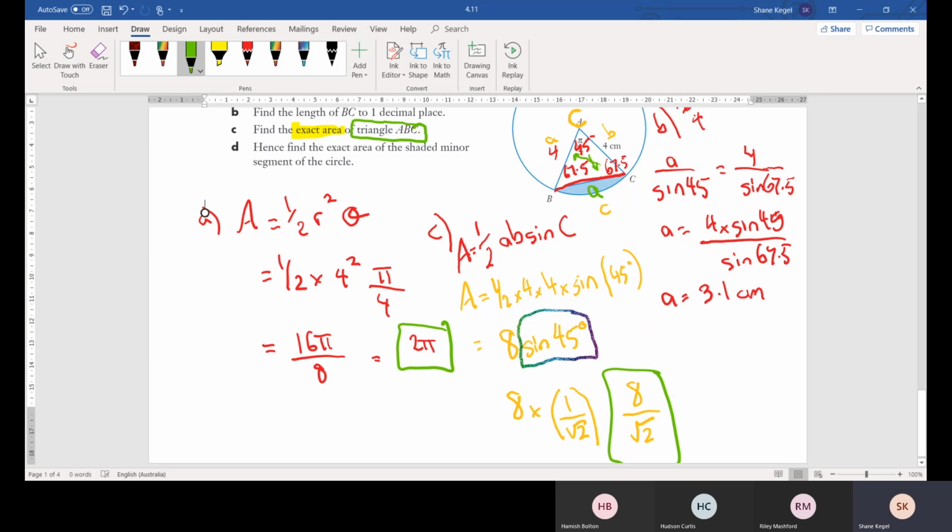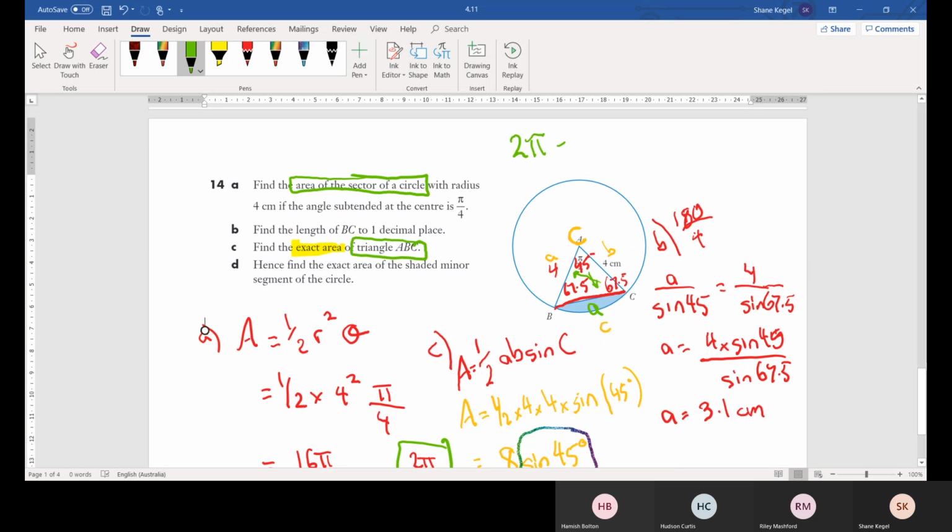So we're looking at 8 on root 2, and then I ask myself, can I simplify that? And not neatly, I cannot. So I should get 2 pi take away 8 on root 2 centimeters squared would be the area of the minor segment of the circle.